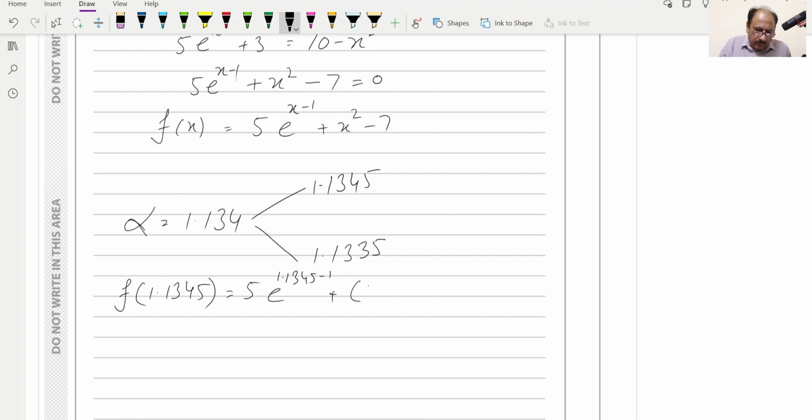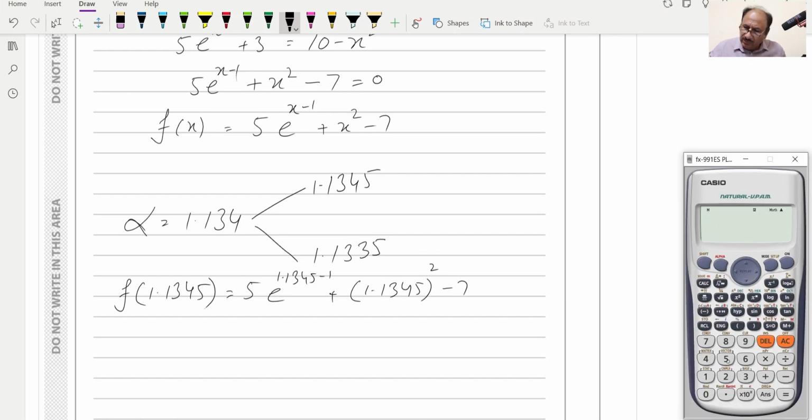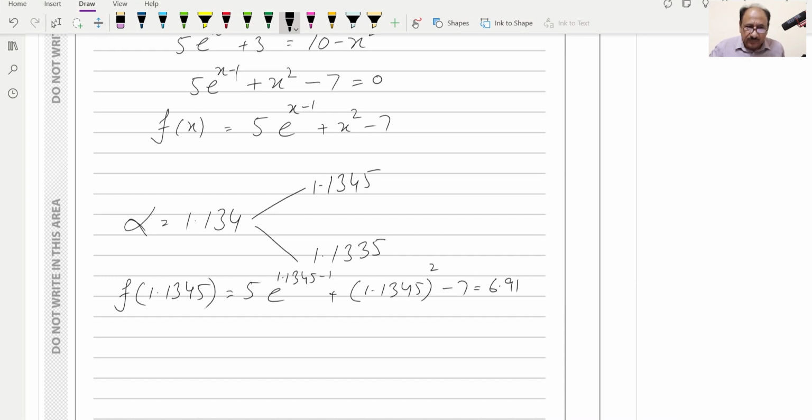So 5 e raised to the power x minus 1 plus 1.1345 squared minus 7. This is our equation. Now we can calculate for 1.1345 and we will get the answer 6.91 into 10 raised to minus 3.